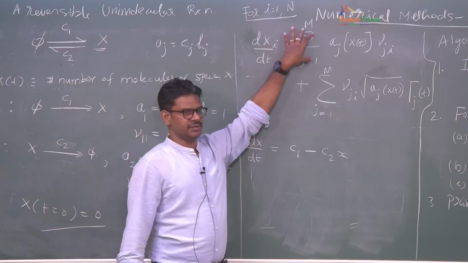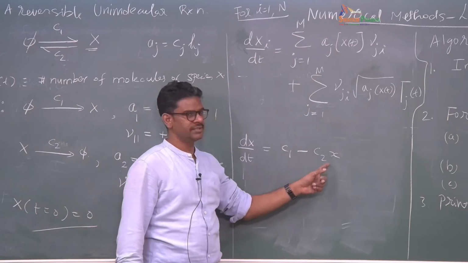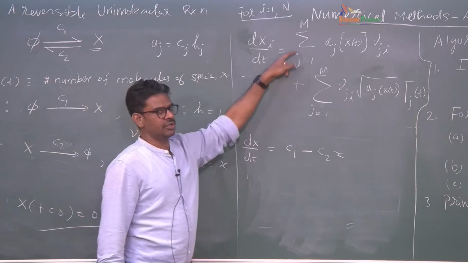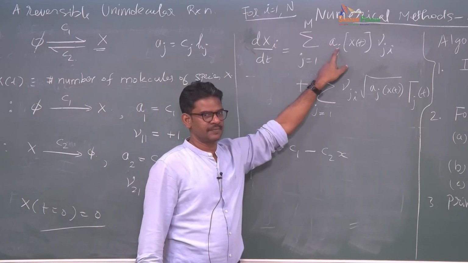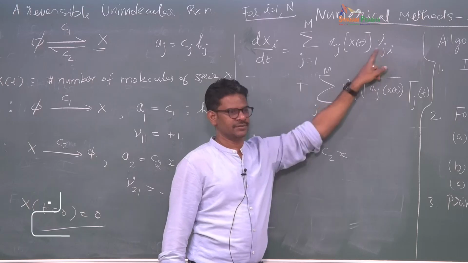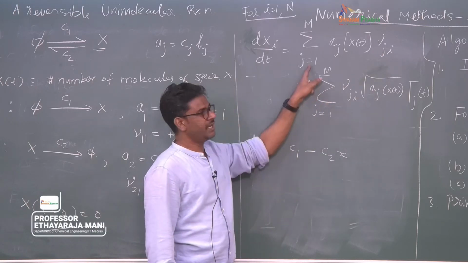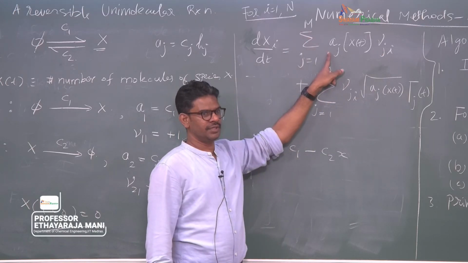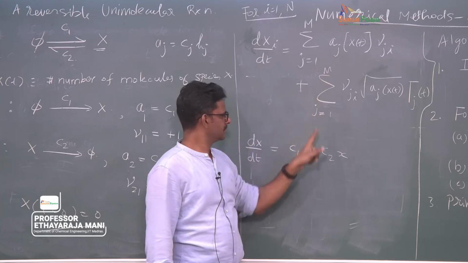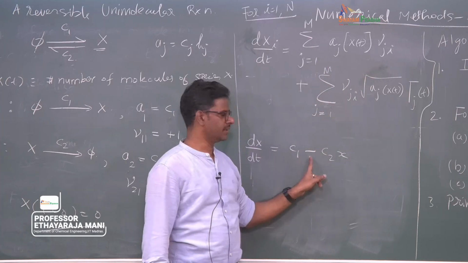So when I expand this term, you will get c1 minus c2x. When j equal to 1, a1 is c1 and this is plus 1, so you get only c1. When j equal to 2, a2 is c2x and nu is minus 1.